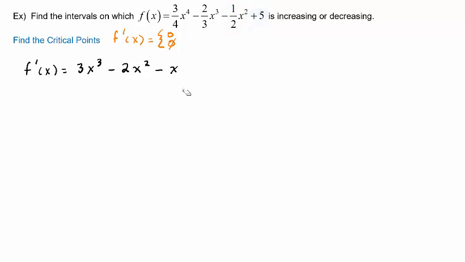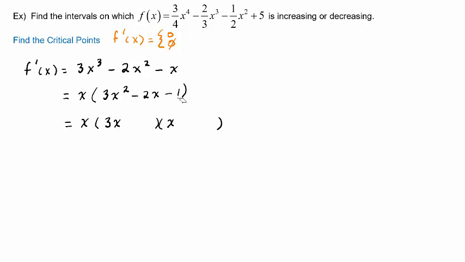Now this can be factored. Let's take out the greatest common factor of x, and we would have left 3x squared minus 2x minus 1. Now this, of course, factors, so we are going to get x times the quantity 3x, and of course here, first we'd have to have x.